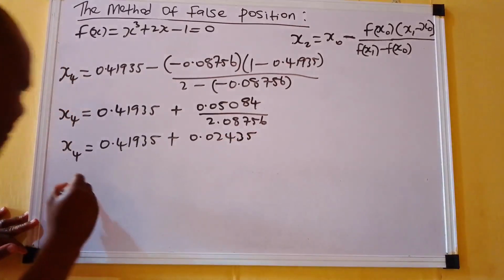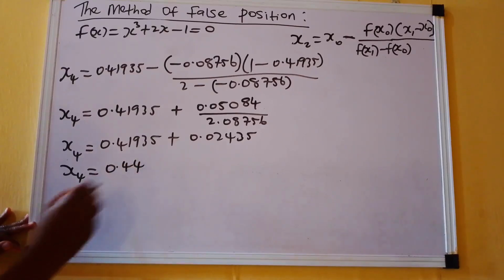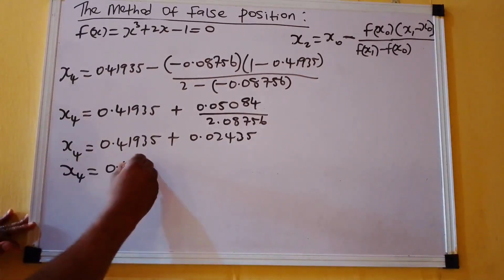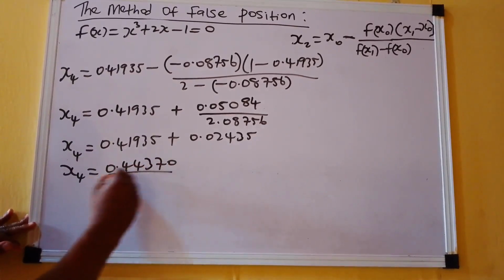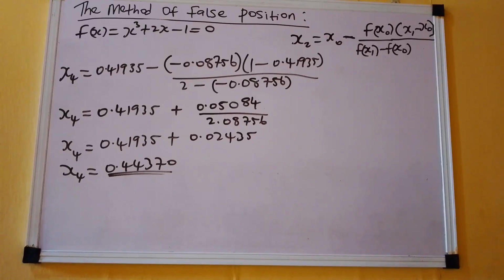And when you add that, our x4 will now be 0.44370. That's our x4.